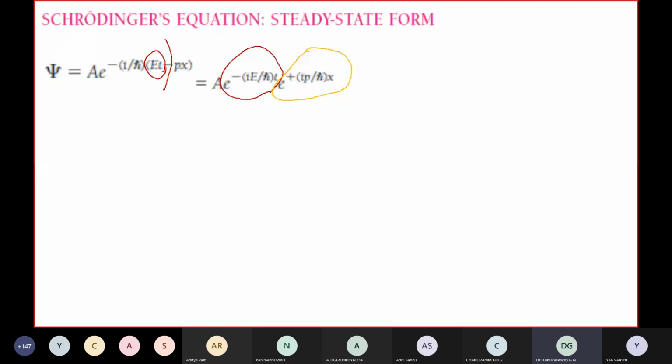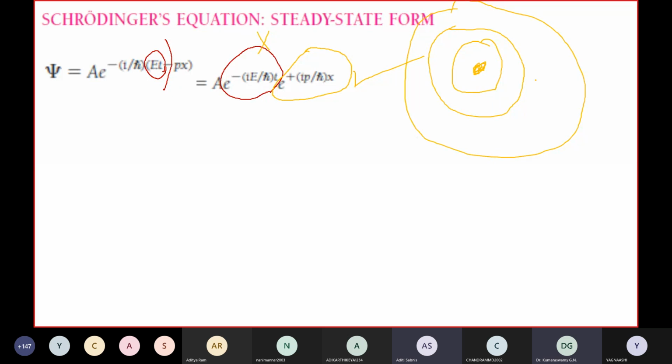Okay, sir. In many cases, the potential energy of the particle depends only on the position. Time would not affect it at all. Such as, we have a nucleus, let's say a hydrogen nucleus, that is a proton, and an electron revolving around it. When an electron is here, it has some energy. Throughout this orbit, it has the same energy, right?